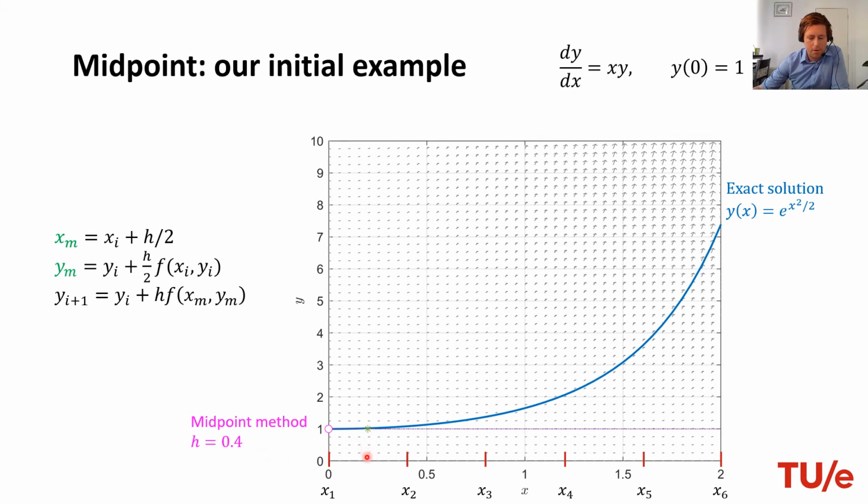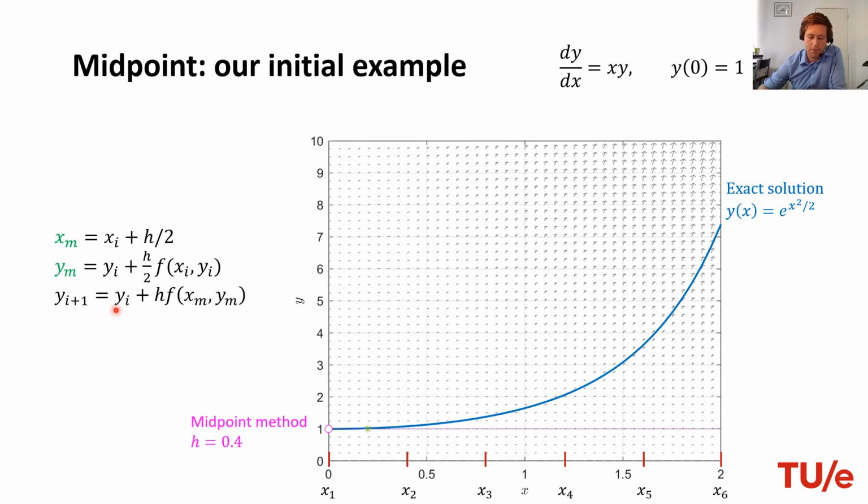And then the y at that midpoint is the previous y coordinate plus the half width times the slope, so that is equal to this green star over here. That's the midpoint, and that's where we will then again evaluate the direction field, so the function f, or the right hand side here. So here we evaluate x times y, and this will give us a slope with which we will actually update the solution.